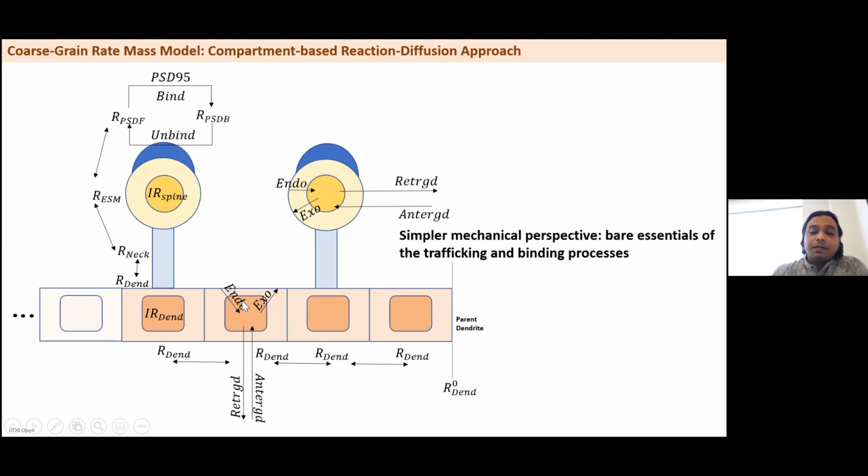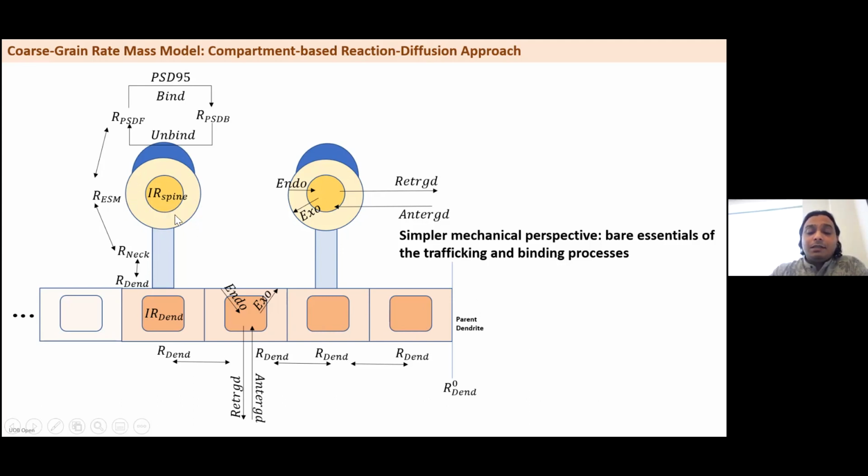Now, some of the dendritic compartments also bear spines connected through the spine neck, where the density of the receptors in the neck is shown as R subscript neck, and the density of the receptors in the extrasynaptic membrane is shown as R subscript ESN.